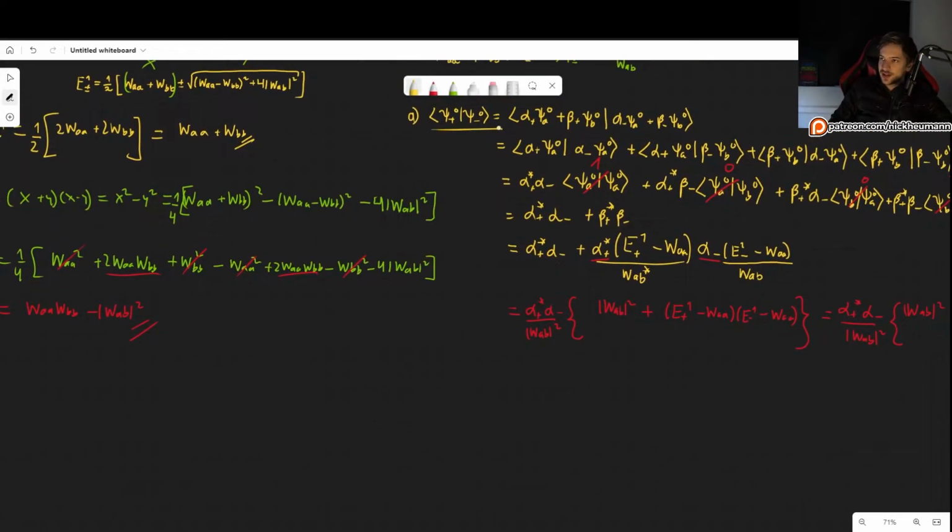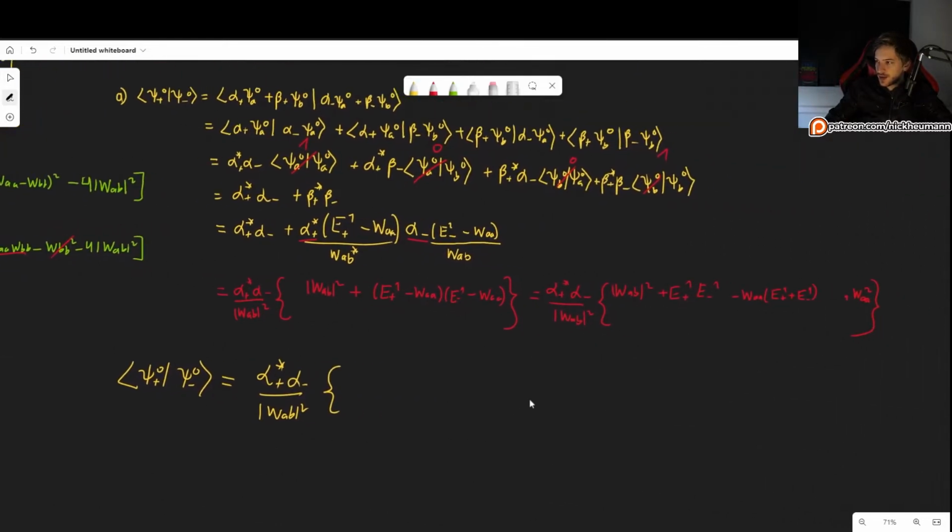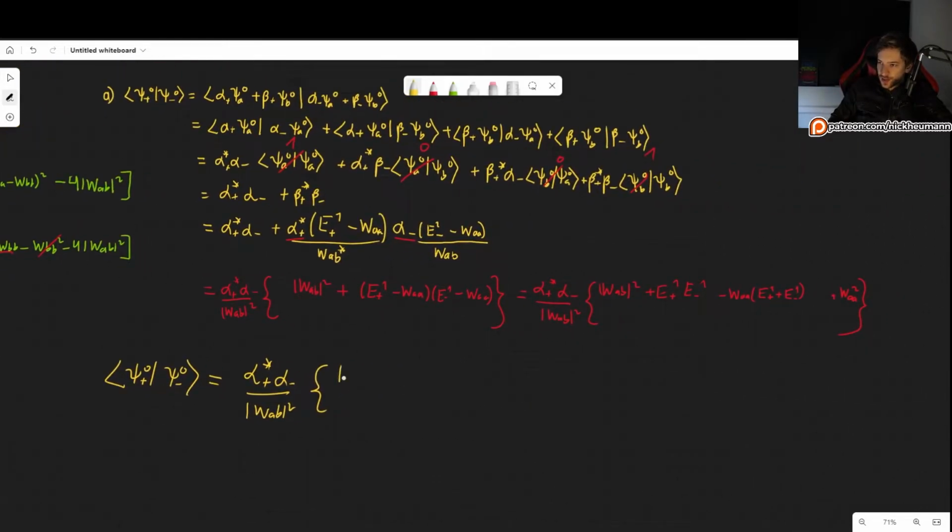So let's plug it into our expression for this inner product between psi plus and psi minus. So what we had before was alpha plus conjugate alpha minus divided by this W_AB squared. And then we had this thing here. So this is W_AB modulus squared plus, and now the product.